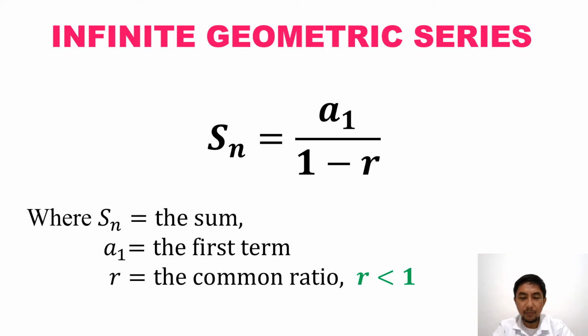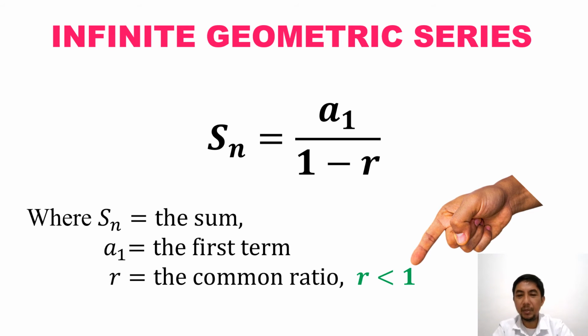But the same ang meaning ng S of n. This is the sum. A sub 1 is the first term and the common ratio is r. But this time, it is important to note that r must be less than 1.